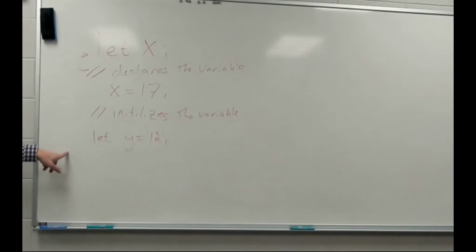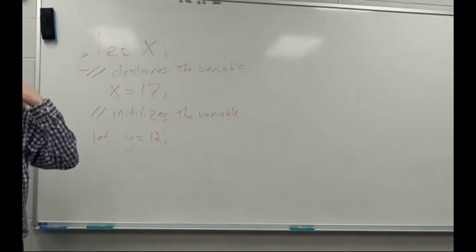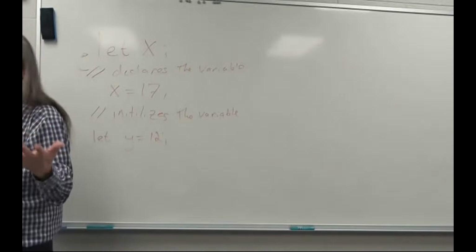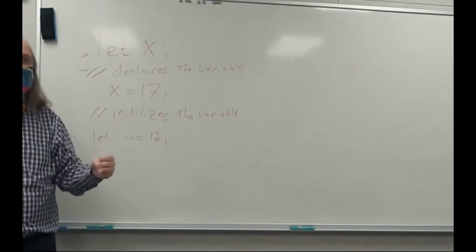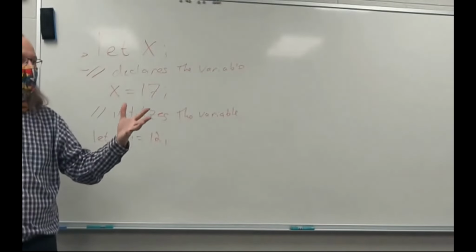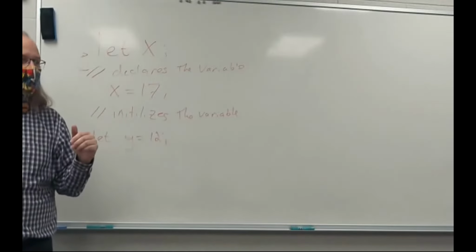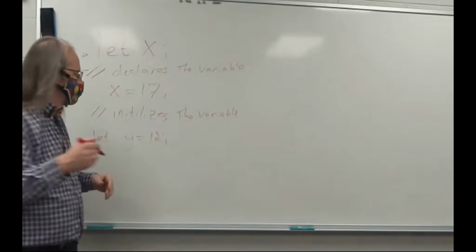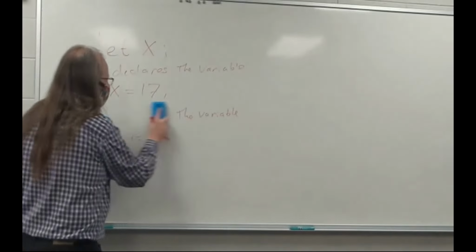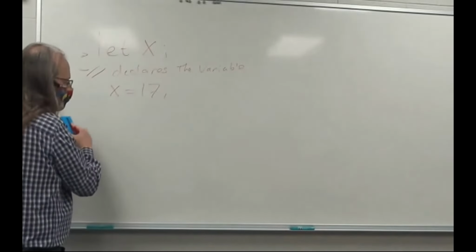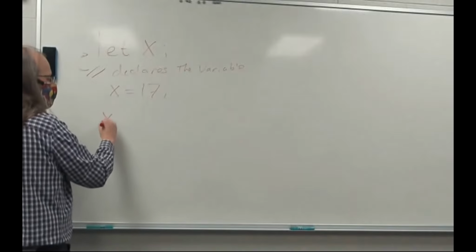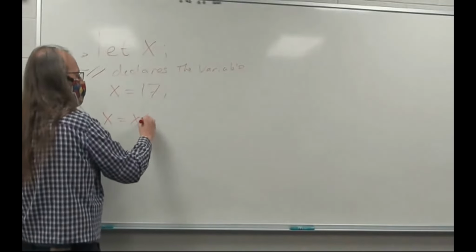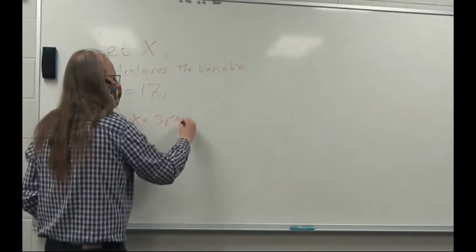So far, so good. And then anytime we want to refer to it, we just have to ask what's stored in x or what's stored in y. Or if we want to change it, we just say x gets something new or y gets something new. We can add things to it, or we can just change it completely. When we were causing the ball to move, we said something like x gets x plus speed, right?